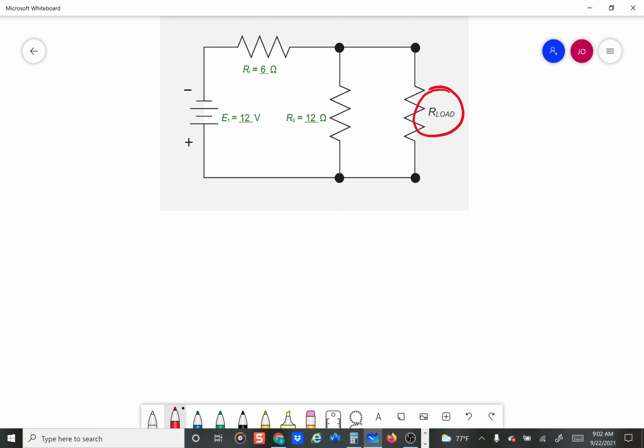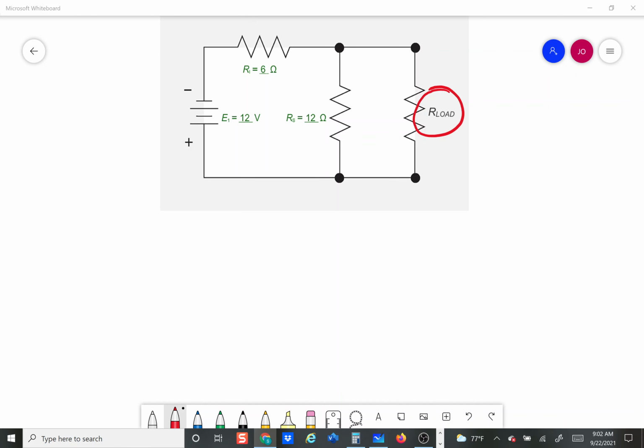And a lot of times when we do Norton and Thevenin questions, like you're going to see on your homework assignment, this is for DC theory level 4, DC theory level 5, you'll have a lot of different size load resistors.